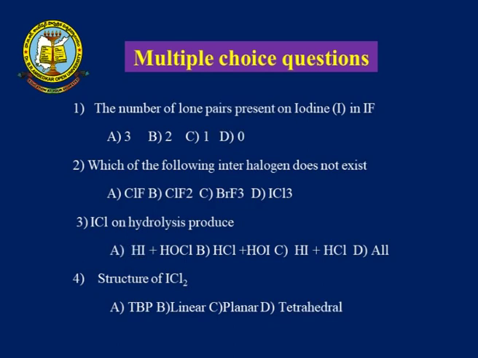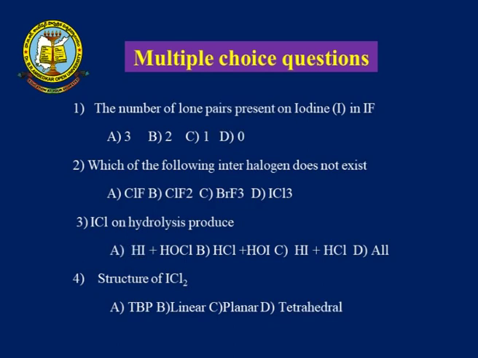Out of the 7, 1 electron interacts with 1 fluorine to give 1 sigma bond. So the remaining 3 lone pairs and 1 sigma bond are present around the iodine. They are asking the number of lone pairs present on iodine. The right answer is 3. So 3 lone pairs, 1 sigma bond. A is the right answer.